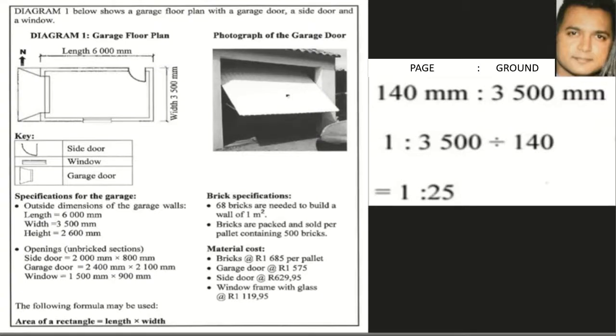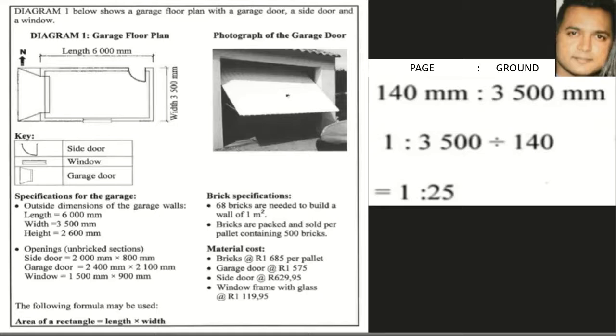Now take note that the information they've given us is information regarding the page. And normally I tell my learners it's page is to reality, or page is to the ground. So when we're doing scales, we take our page amount first, which is the 140 millimeter, and then we need a ground amount, an actual reality amount.